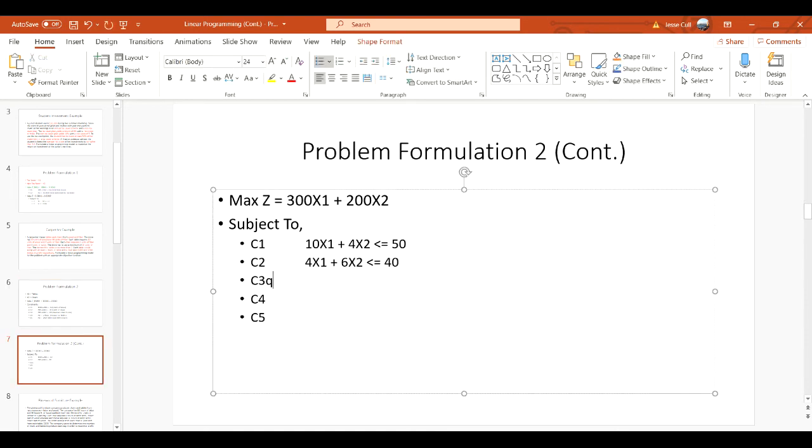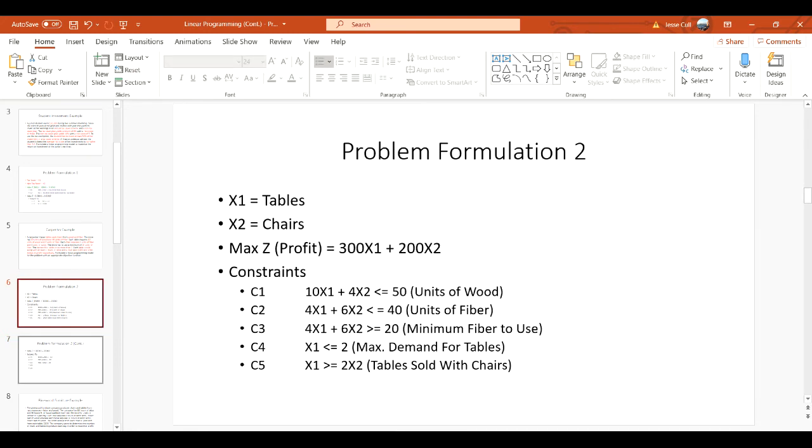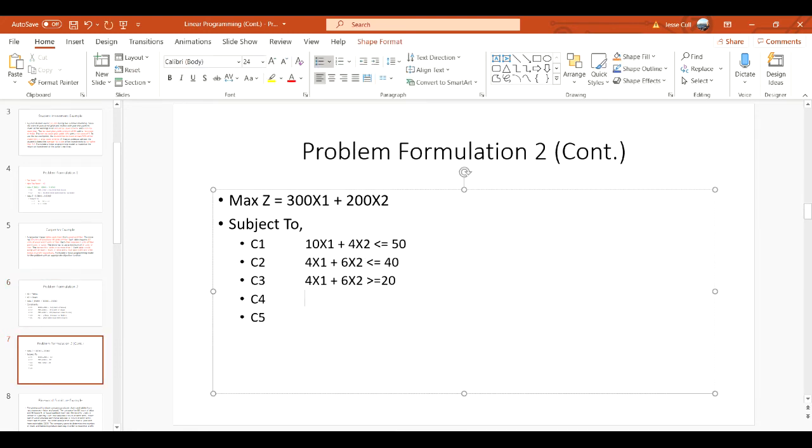Here's our minimum fiber use: 4x1 plus 6x2 is greater than or equal to 20. We have our fourth constraint. Demand for tables, x1 is less than or equal to 2.